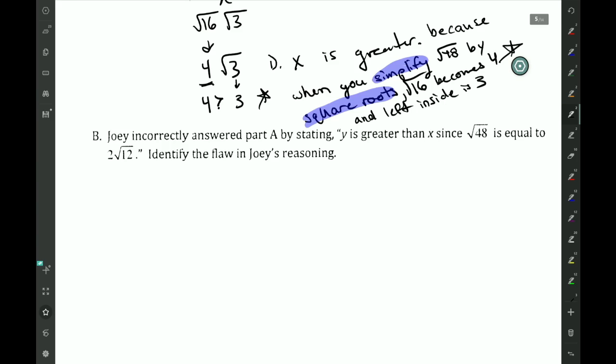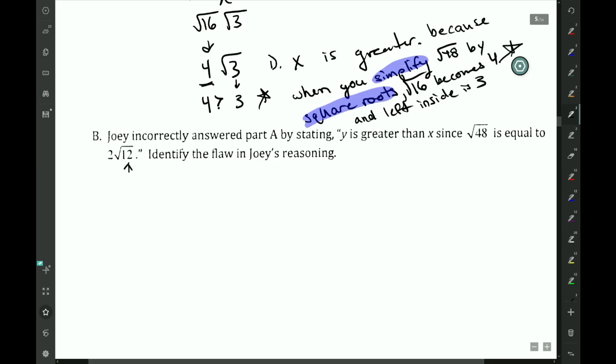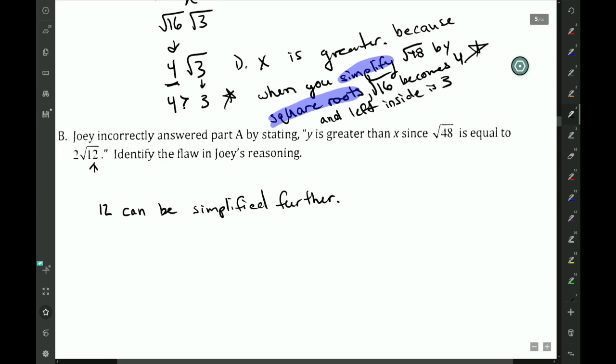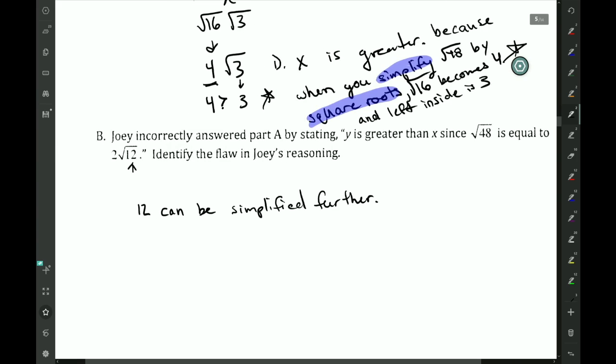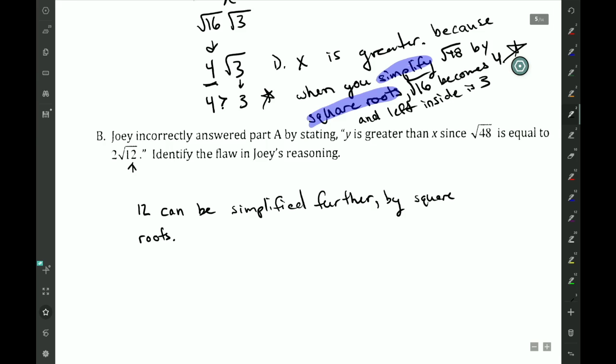He did not pick the largest. 12 can be simplified further. It doesn't say to explain any further, so 12 can be simplified further, maybe by square roots. Again, you want to have an operation. And that would be all I would probably say.